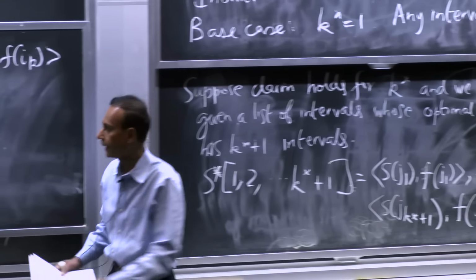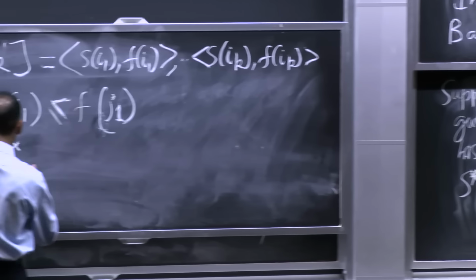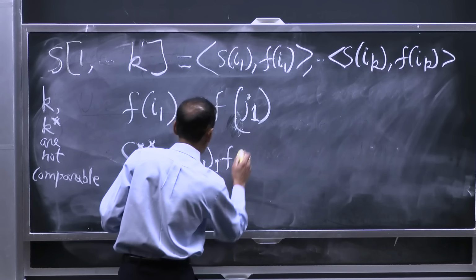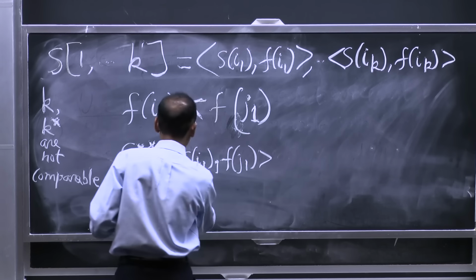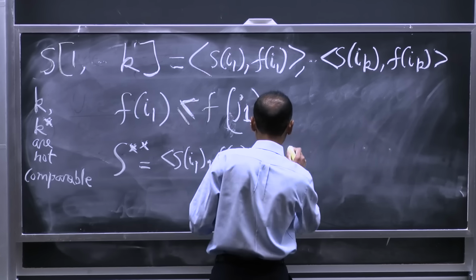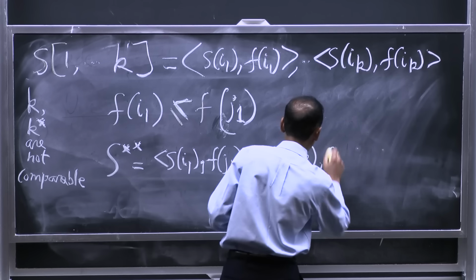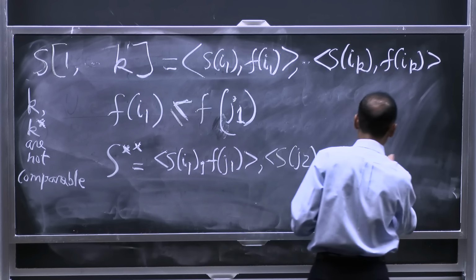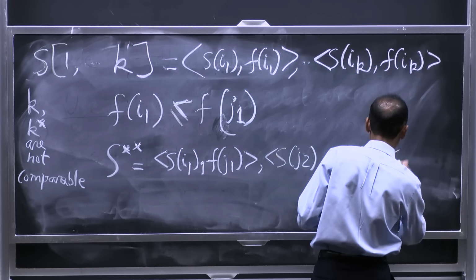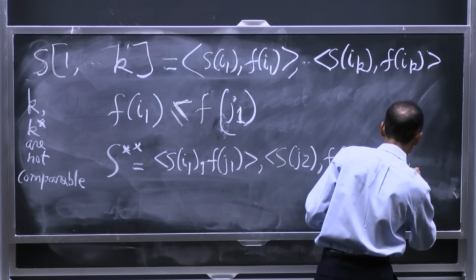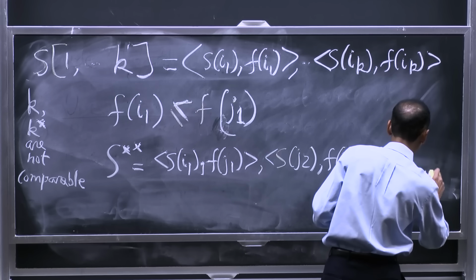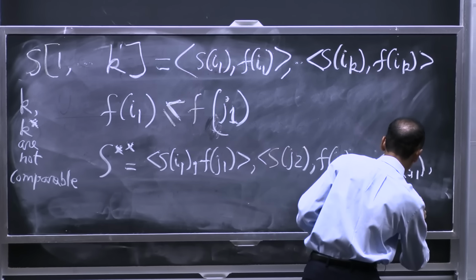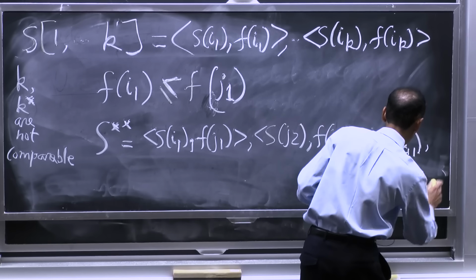So I'm just going to replace that, and so S star star is S I1, F I1, and then I'm going to be going back to S J2, F J2 because I'm going back to S star, and all the other ones are coming from S star, so they're going to be S J(K star plus 1), comma F J(K star plus 1).